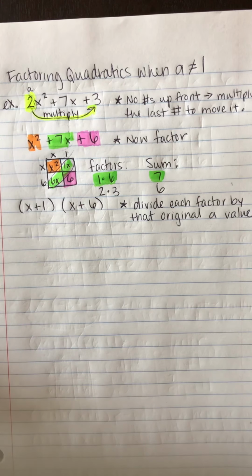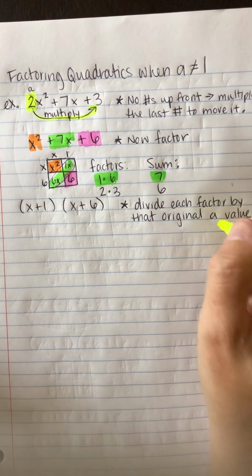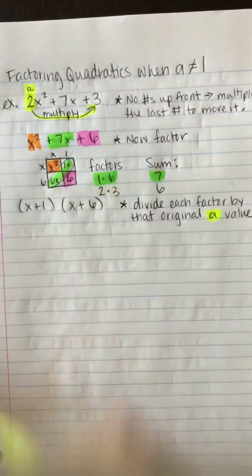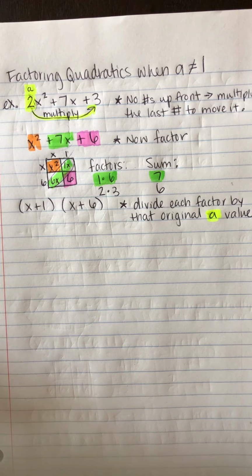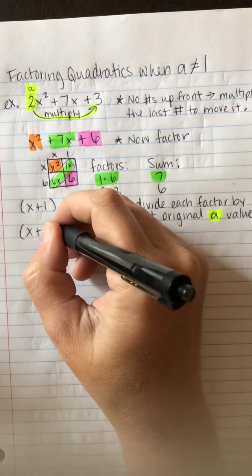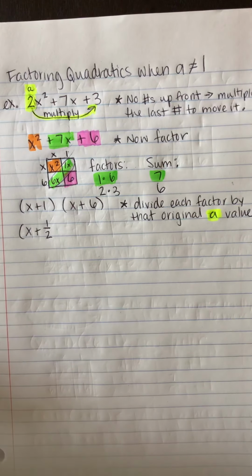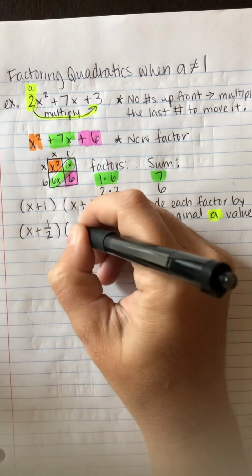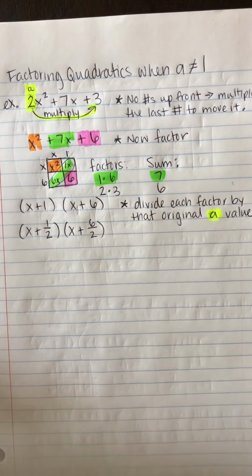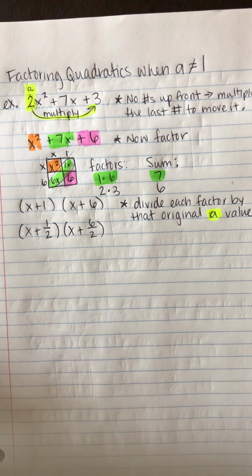All right, so our original a value was 2. So I'm just going to highlight this, make sure we know that that's our a value there. And what we're going to do is say x plus, and we're going to take this 1 and just put it over 2 like a fraction. And then we're going to do the same thing for this one, x plus, and then just do 6 over 2 like a fraction. All right, so we're almost done.